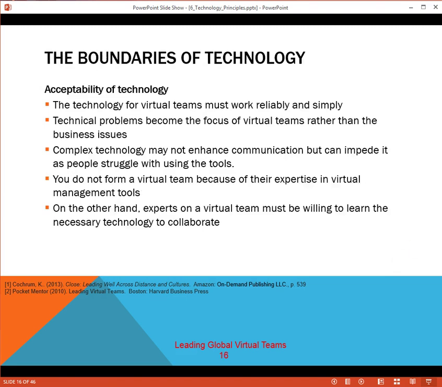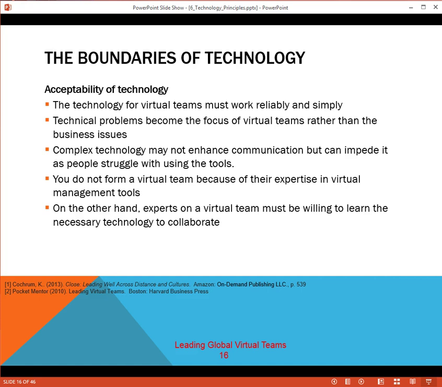So looking at the boundaries of technology, how do we find the acceptability of a technology? First, technology for virtual teams must work reliably and simply. Technical problems become the focus of virtual teams rather than the business issues, which should be the focus of the virtual teams.